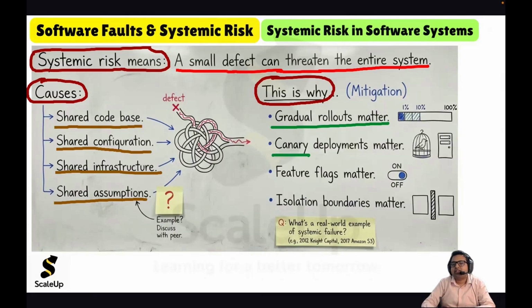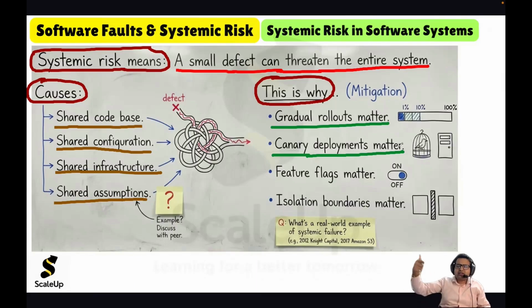Canary deployments matter. Canary deployment means, let us suppose you integrated a new feature or did some upgradation. Now instead of giving it to the entire user base, you deploy it to a small chunk of the user base. You deploy the new code or new feature to a tiny fraction of users, for example 1%.